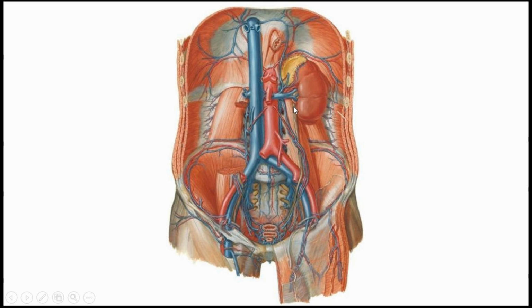And as far as the paired vessels go, we've got more or less the same setup draining to the inferior vena cava. So right here we have internal iliac and external iliac veins joining to form the common iliac vein on the left as well as on the right. Those fuse to create the inferior vena cava, and the inferior vena cava is going to get blood from the right kidney, right renal vein, and left kidney, left renal vein, which crosses the aorta right there.